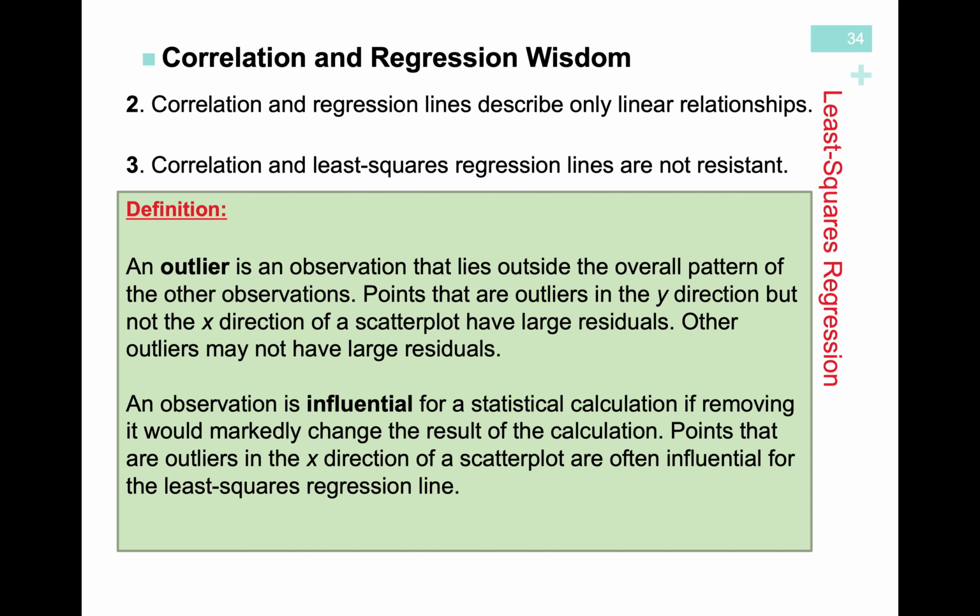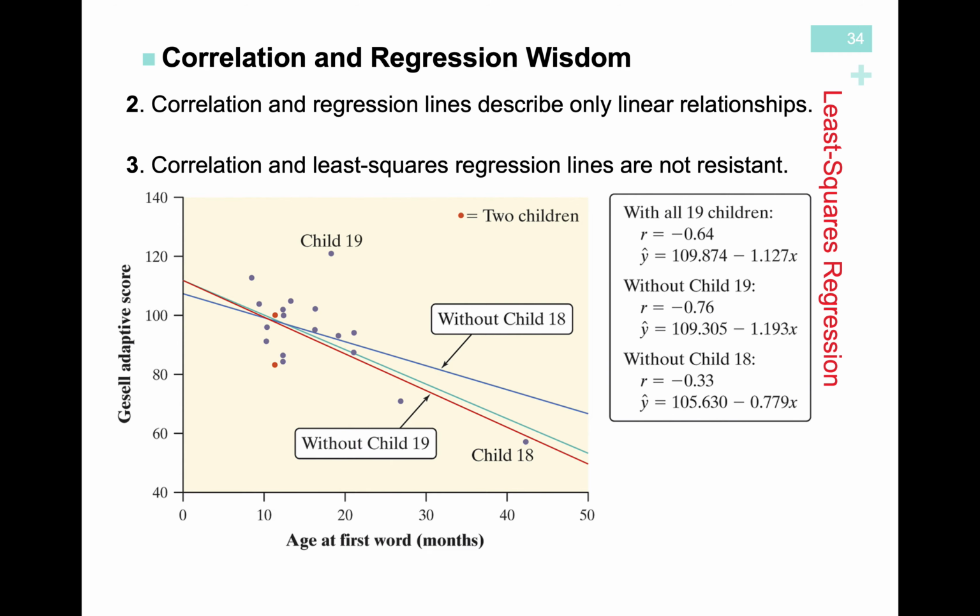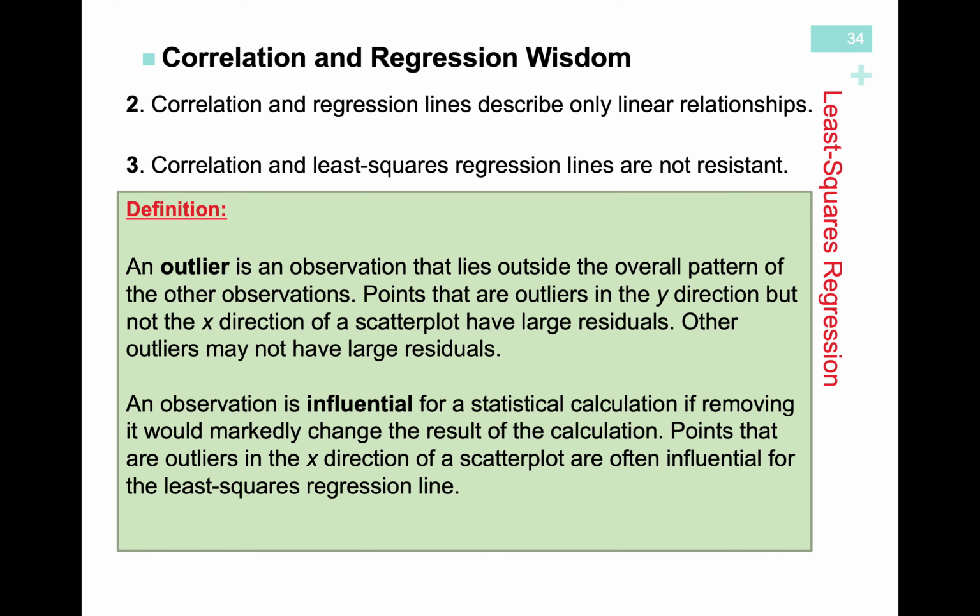So an outlier is an observation that lies outside the overall pattern of the other observations. Points that are outliers in the y direction but not the x direction, that'd be child 19, have large residuals.